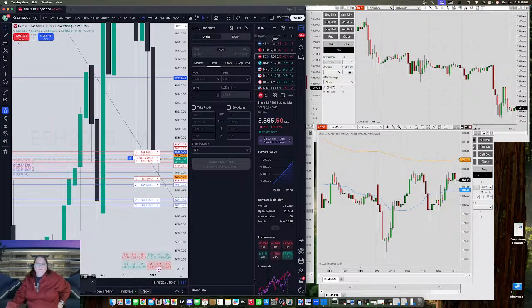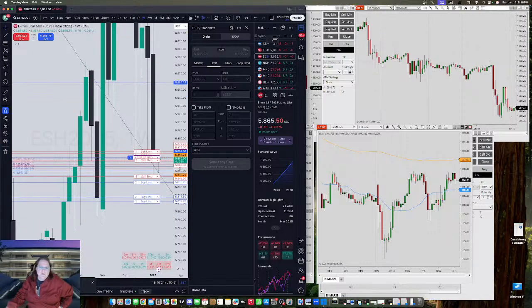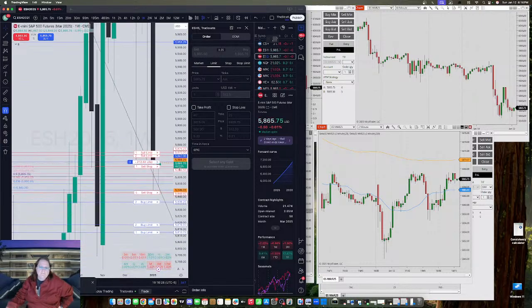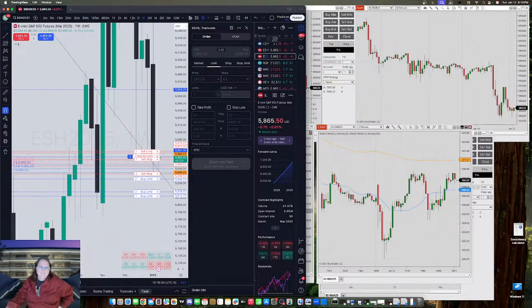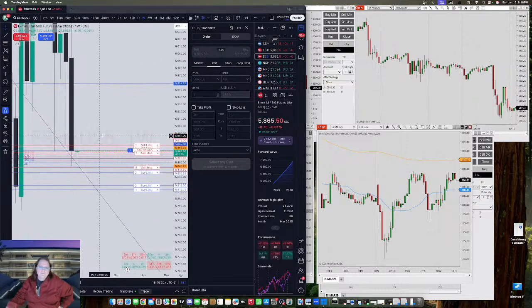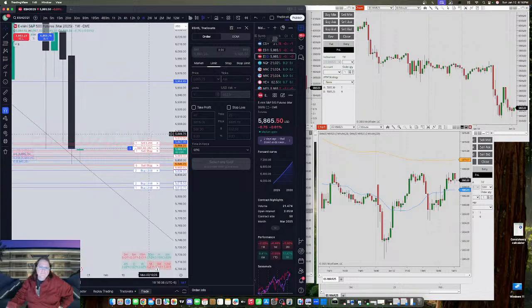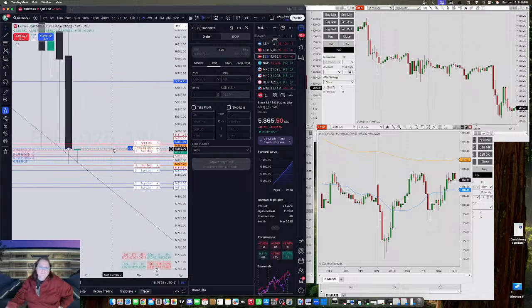Okay, so we'll see what happens here. I got all my orders set all down through there. Went long, of course, what happens? Then they start pulling it back. So we'll just have to see if they break through this area here.